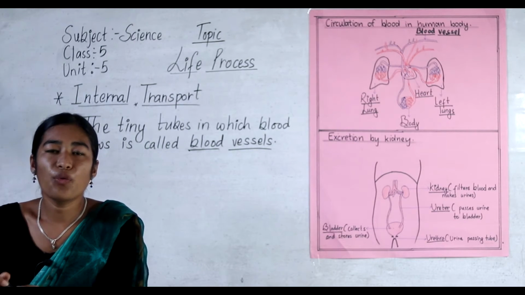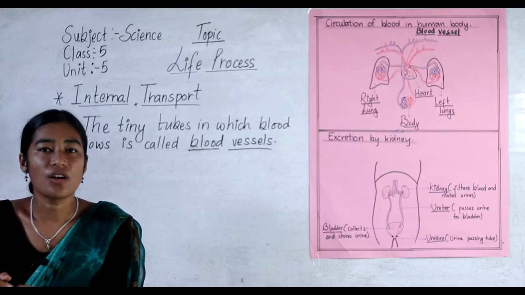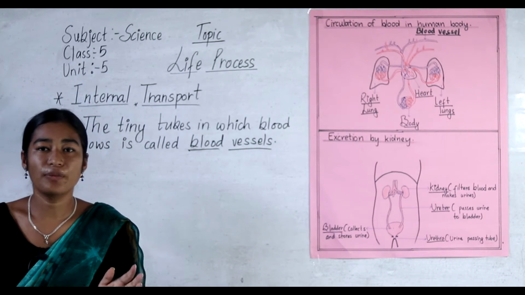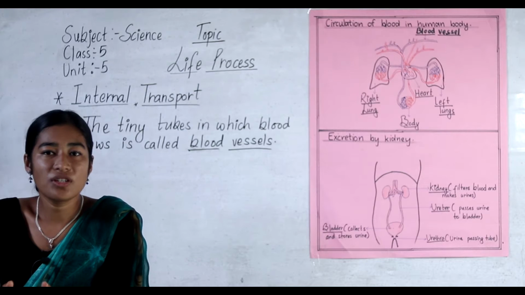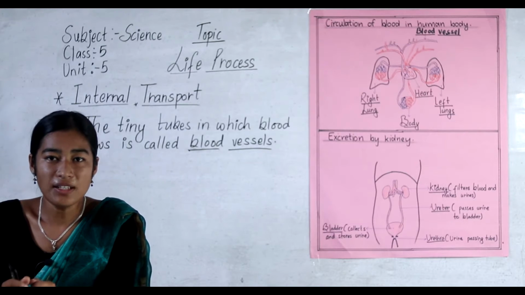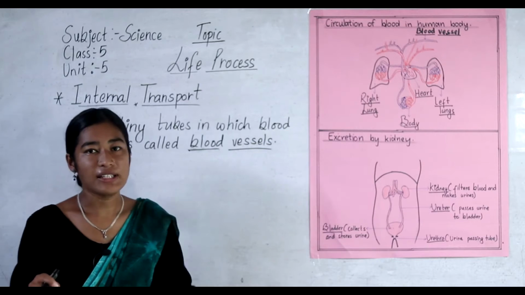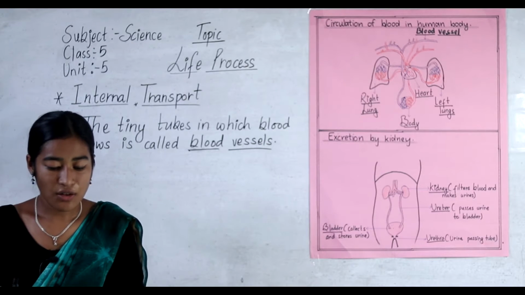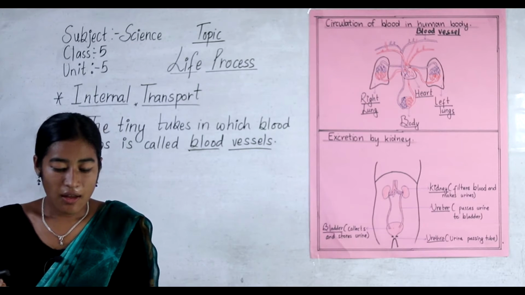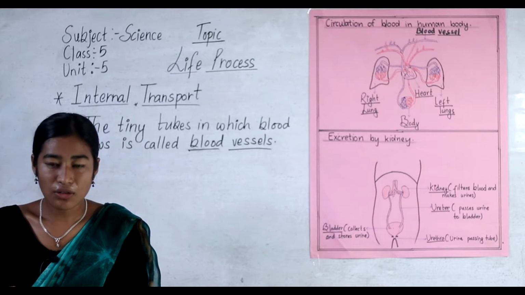The continuous movement of the blood is called circulation. So what is circulation of blood? The transportation of blood throughout our body is called circulation of blood.